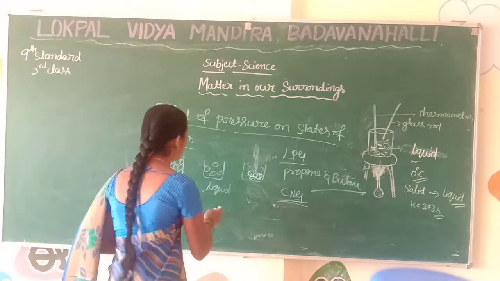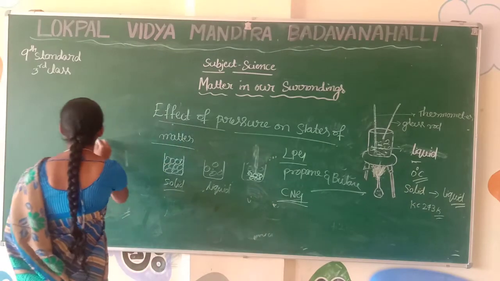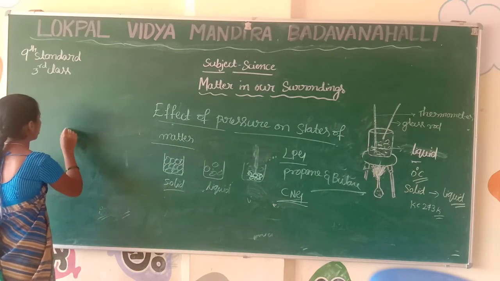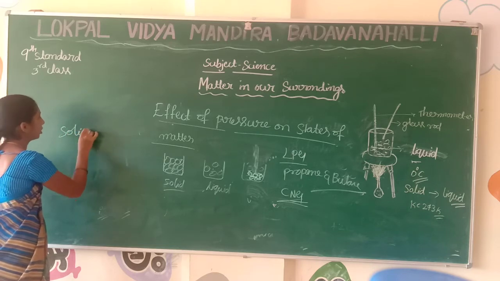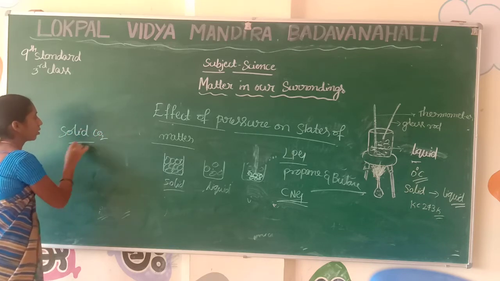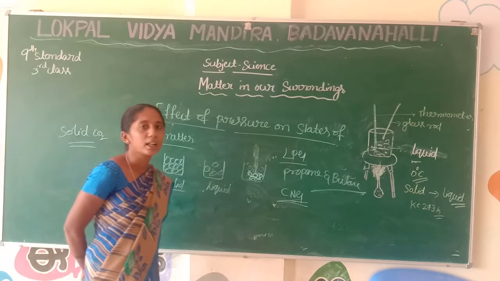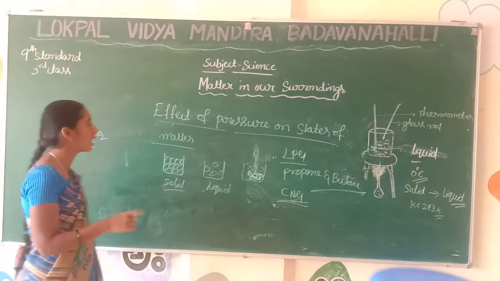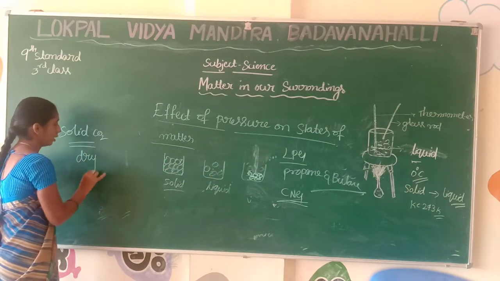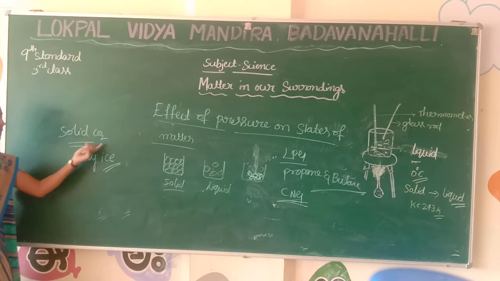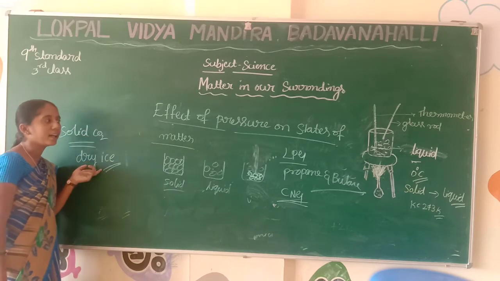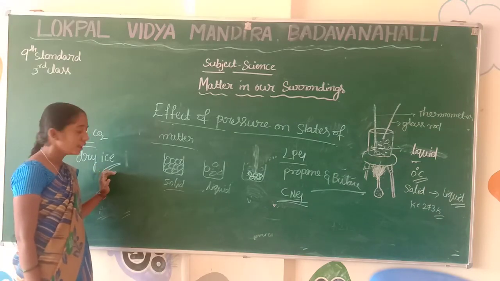Students, and also you have heard the name of solid carbon dioxide. Solid carbon dioxide means dry ice. Solid carbon dioxide we call it dry ice.